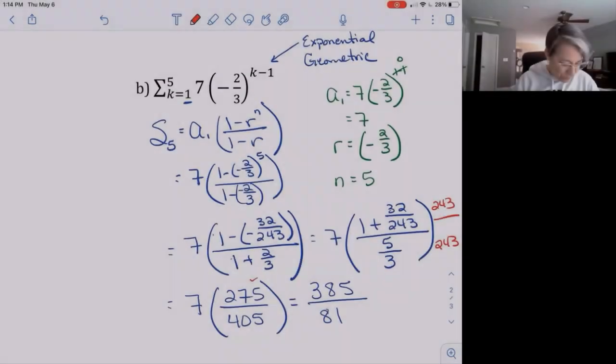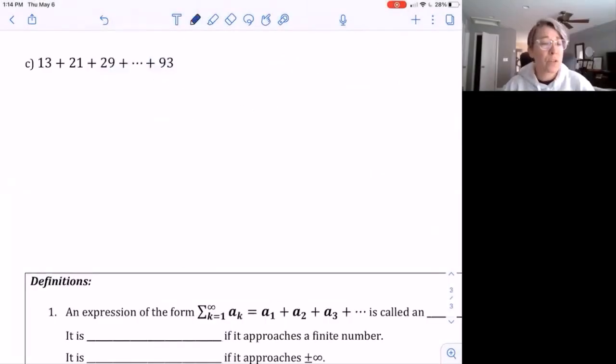Now, problem C, notice there's no instructions there, but it does have a plus sign. So we hopefully can figure out if this is based on an arithmetic or a geometric series. So we need to see, how do we get from 13 to 21? Well, we could add 8?